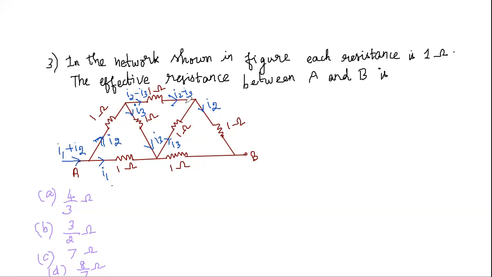So that's why you have I2 minus I3 there, and I2, and at this point here you will be having I1, and at this junction you will be having I1 plus I2. Okay, this current I1 plus I2 you will be getting here finally, and through this network you will be having I1 and I1.